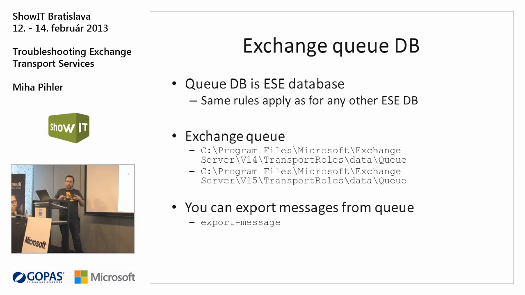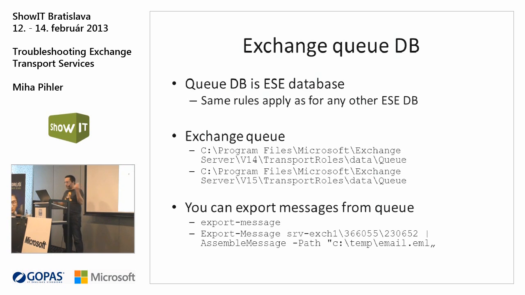This was really good in Exchange 2003 and 2000 because you actually had a file. You can look inside the file. You could just select the files and remove the messages out of the queue. It's a bit harder now because the messages are in the database. Still, you can use the tools or PowerShell command lines like export message to export the actual message out of the database.